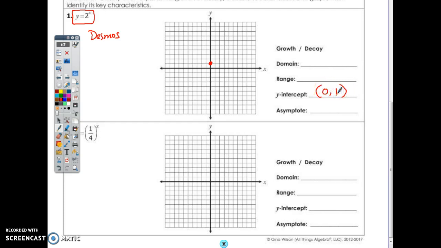Now when you draw it, it looks something like this. Right? So I need you to just sketch it. For sure you have to have your y-intercept on there, and I need you to sketch it and tell me, is that a growth or a decay? Growth, because it's increasing from left to right and it's going up, right? So we're going to circle growth. So really quickly, we found 2 things just by putting it in Desmos.